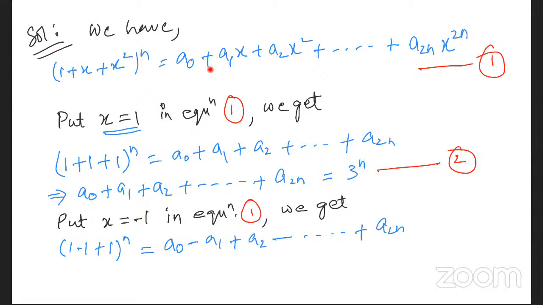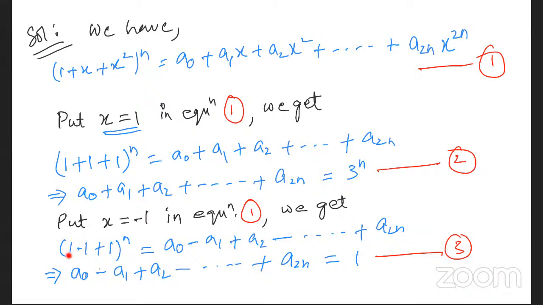So this implies, RHS first, a₀ − a₁ + a₂ − and so on + a₂ₙ = 1. Let us consider this as equation 3. On the left, 1 − 1 cancel and 1 to the power of n gives 1. So based on these three equations, we shall solve to prove the points.